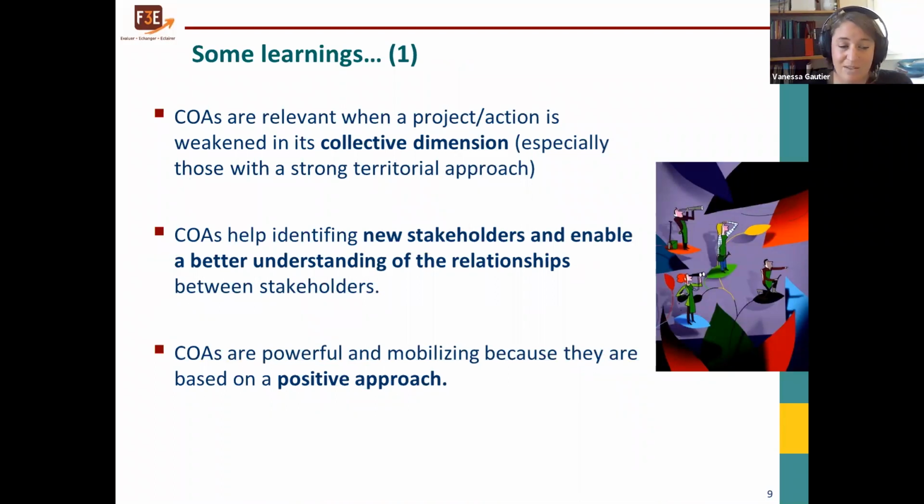They also help identifying new stakeholders, new issues, and enable a better understanding of the relationships, as the focus is really on how stakeholders change themselves. Change-oriented approaches are powerful and mobilizing because they are based on a positive approach. Actually, you get some fresh air basically, and you remember what you actually work for.